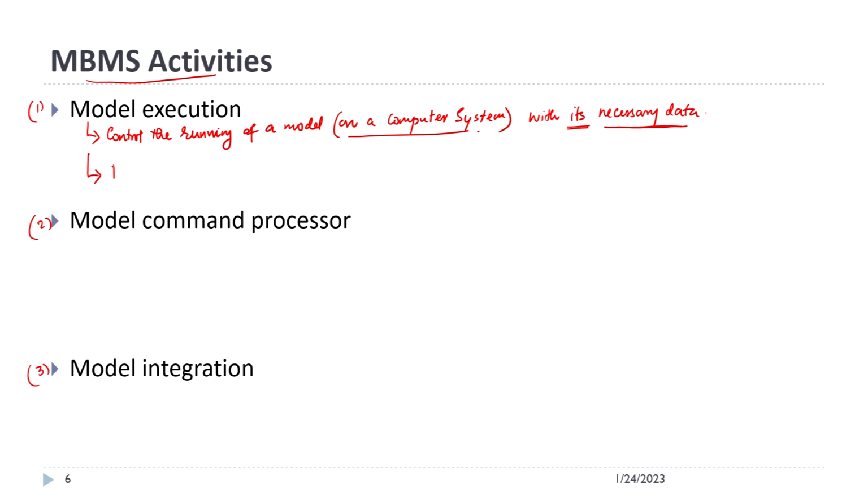The second one is the frequency of model execution. Okay. So, how frequently the decision is made. For example, strategic models you may not run on a daily basis, you may just do it once every year or once every 2 years, etc. Tactical models may be run once every month, whereas operational models are done on a daily basis, every day.